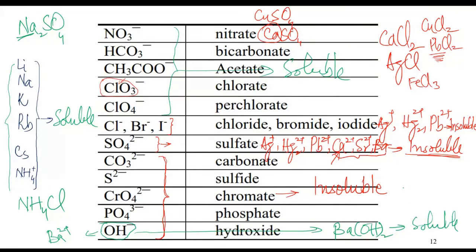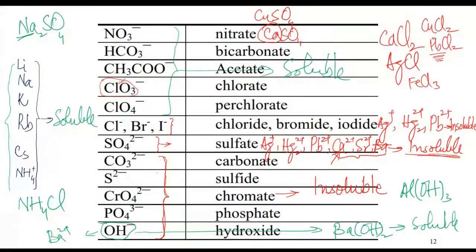But if I say Al(OH)3, is it soluble or insoluble? Insoluble. Very good. Students, clear this one? The last group: when you see these ions in any compound, that compound will be insoluble.